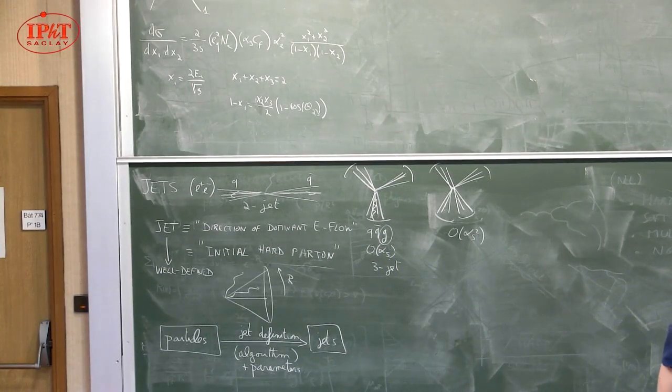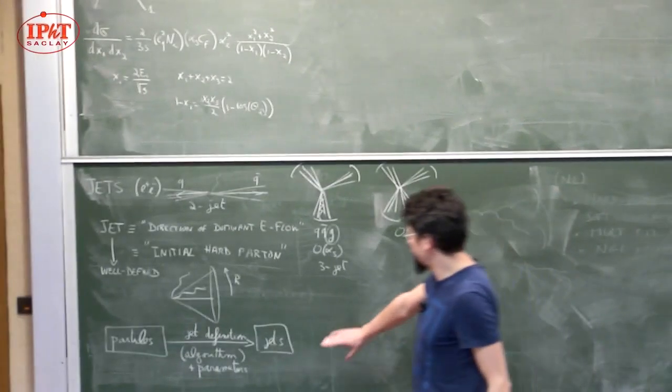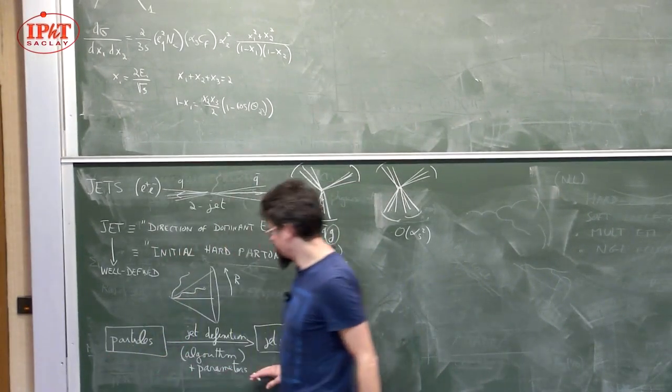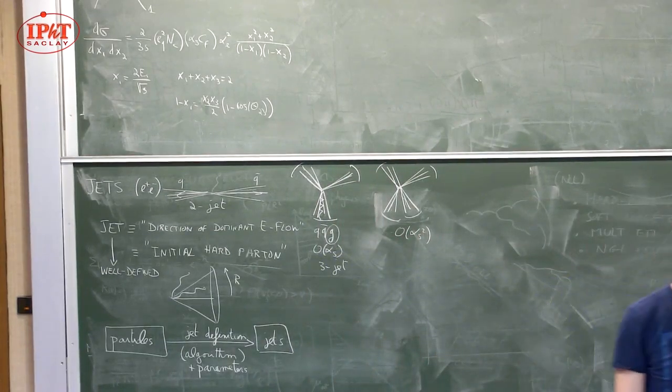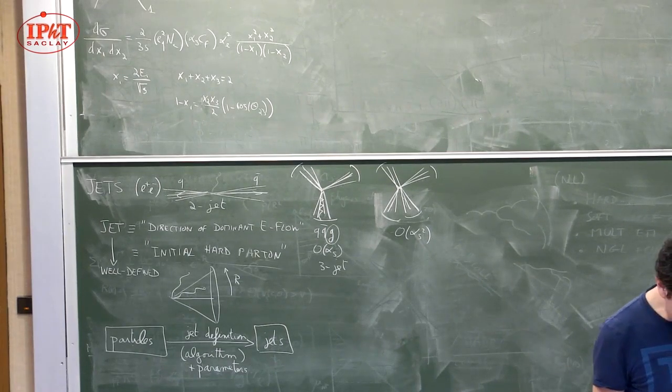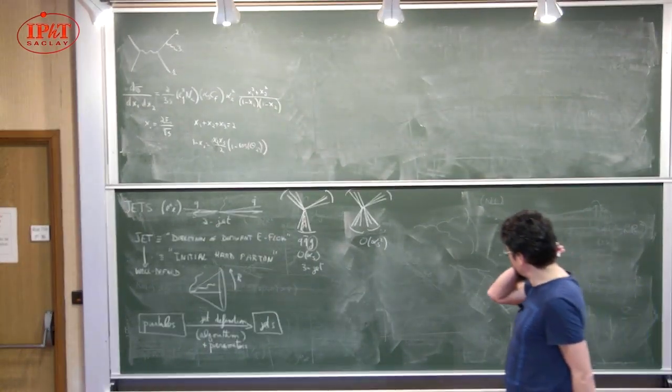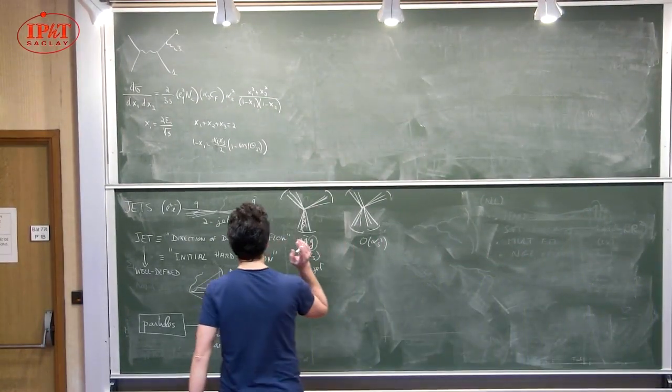So what I'm going to do in the rest of this lecture is give you an overview of the most common jet definitions used in E plus E minus collisions, and today at the LHC in PP collisions. They usually split into 2 main categories.